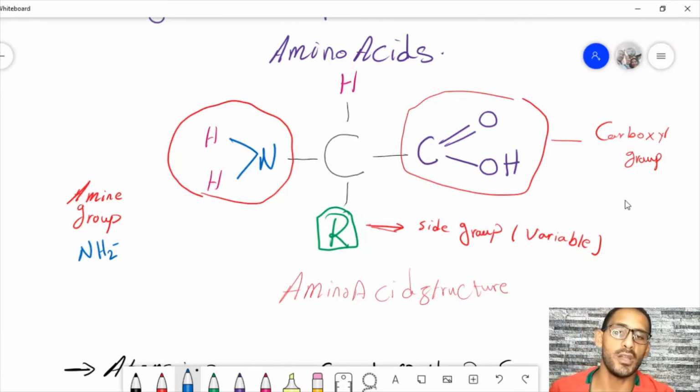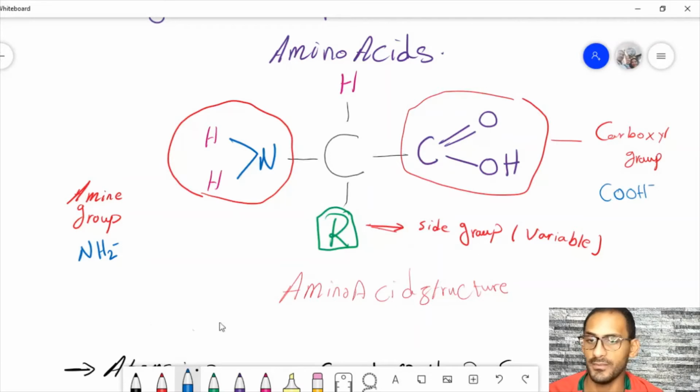On the other side, we have the carboxylic group, or the carboxylic acid. Okay, COOH. This side. Okay, this is the carboxylic group connected with a hydrogen atom, and down here we'll find a side group. Okay, this is a variable group, and we have tons of these side groups.